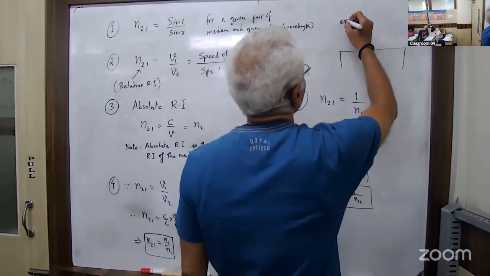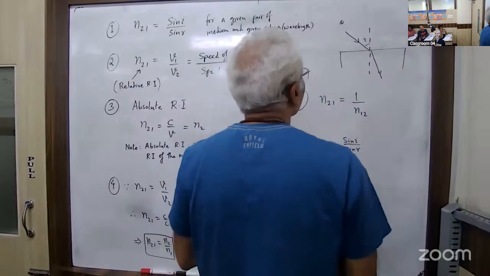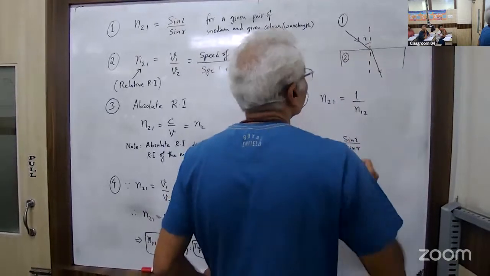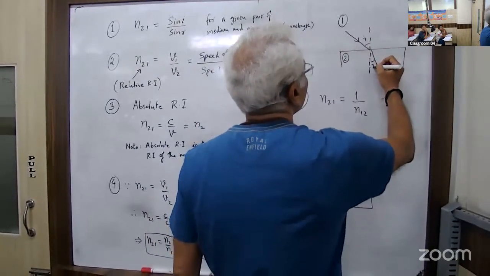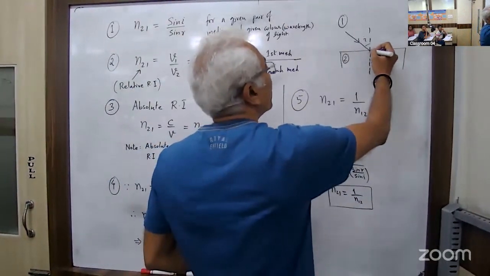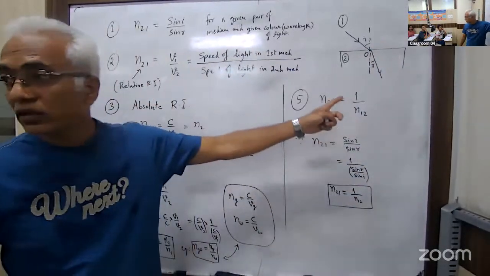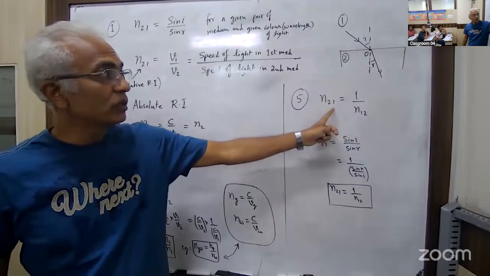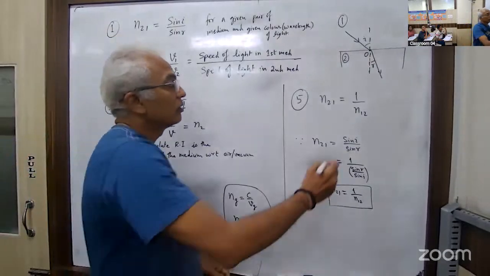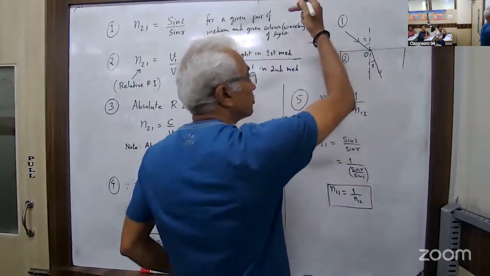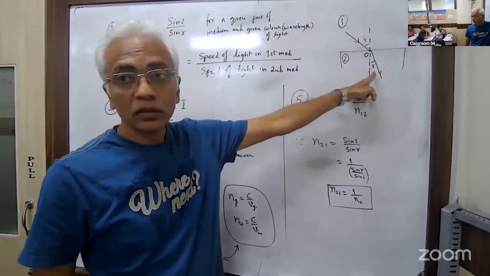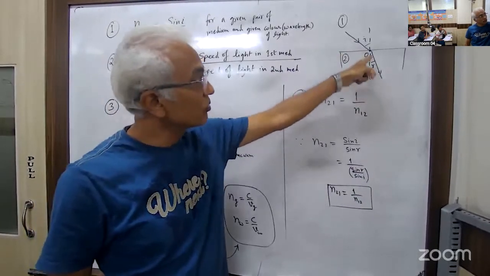Let's say this is air, the first medium. This is my incident medium, and this is my refracting medium. This is r. If you apply Snell's law at the point of incidence, what will you get? N21 is equal to sin i by sin r. Now, if I reverse the path of light, if I go from here to here, what is it?